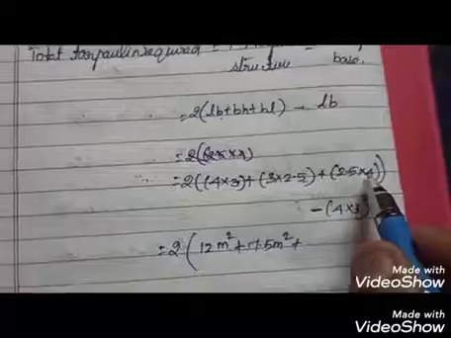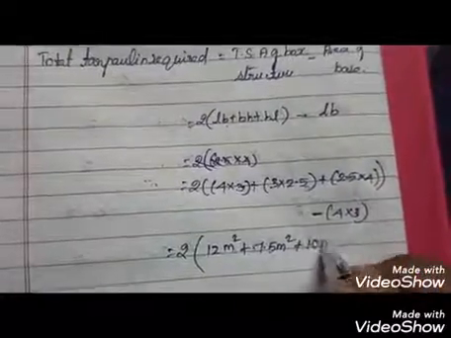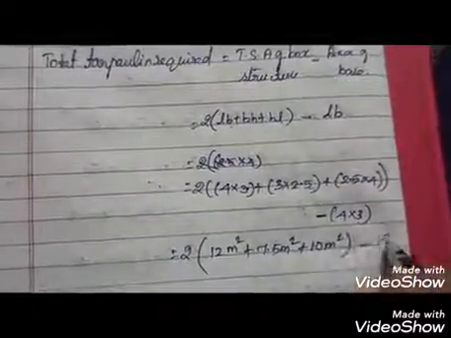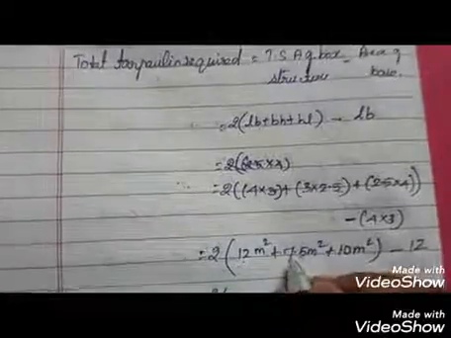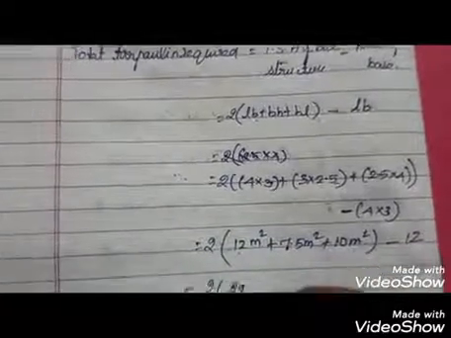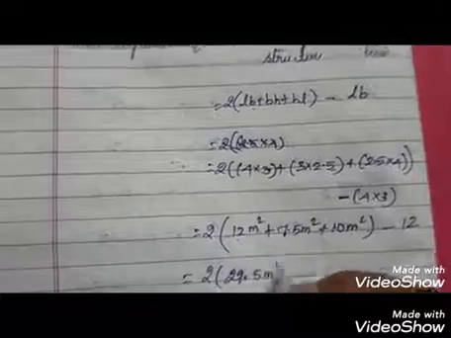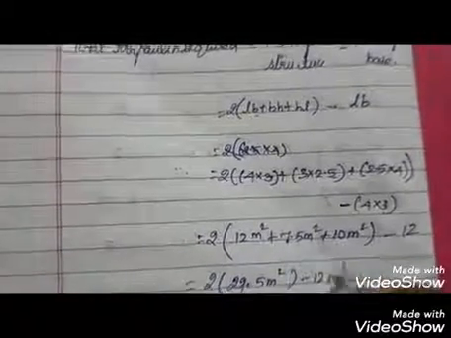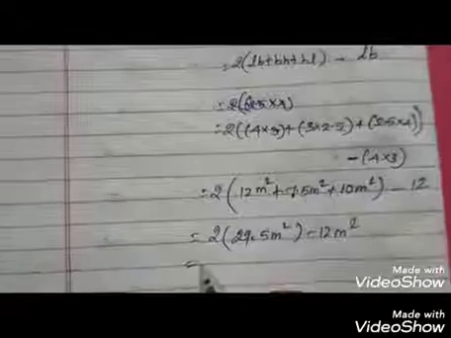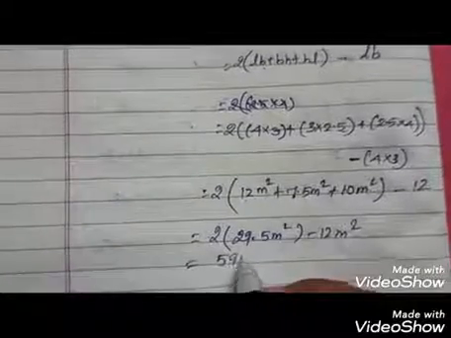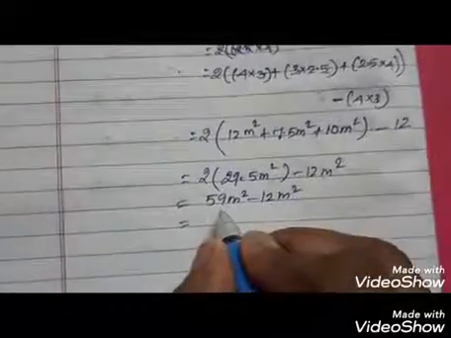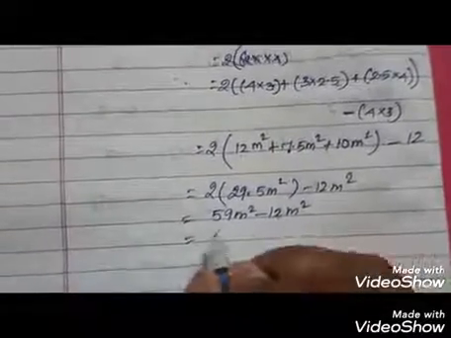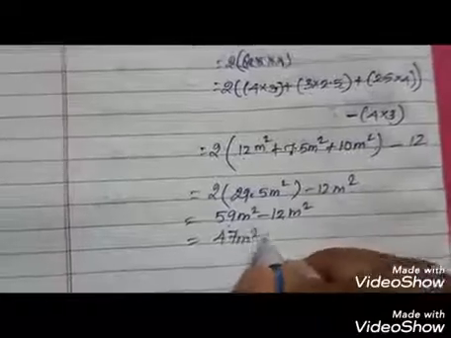plus 10 meter square, minus 12. So I just add these: 12 plus 7.5 is 19.5, plus 10 is 29.5. 2 into 29.5 meter square minus 12 meter square, which is equal to 59 meter square minus 12 meter square. 59 minus 12, you get 47 meter square.